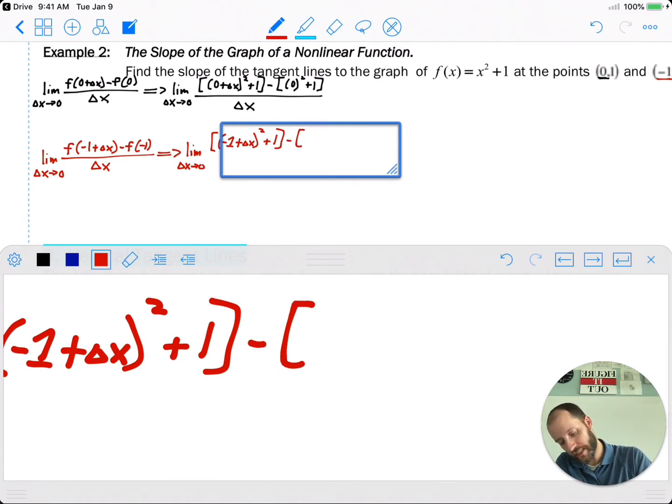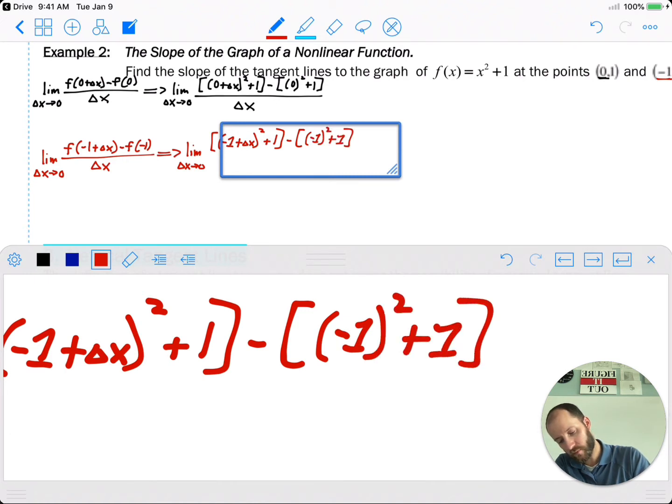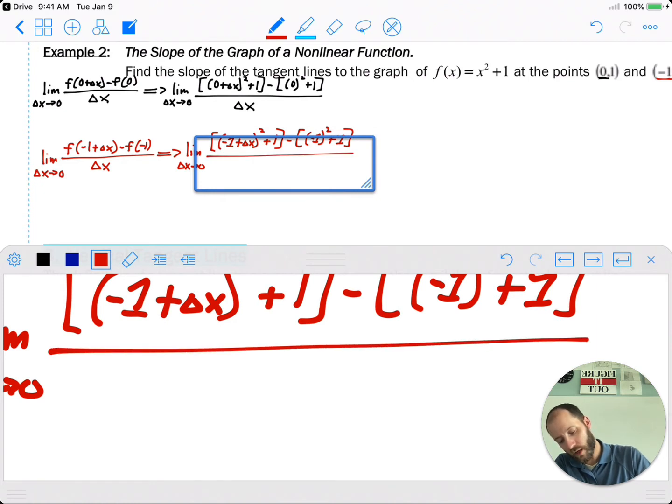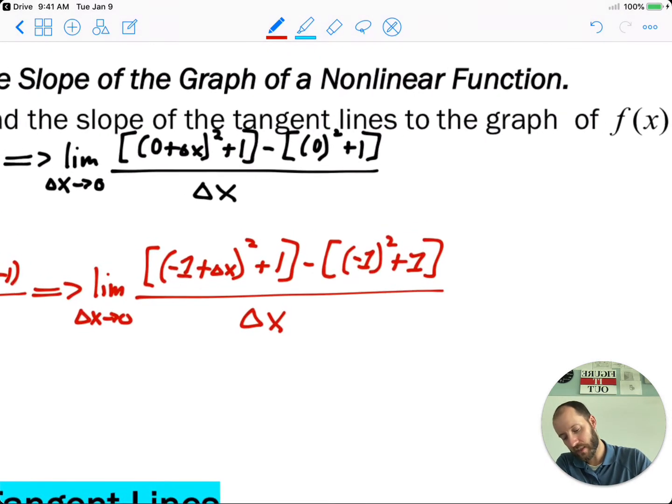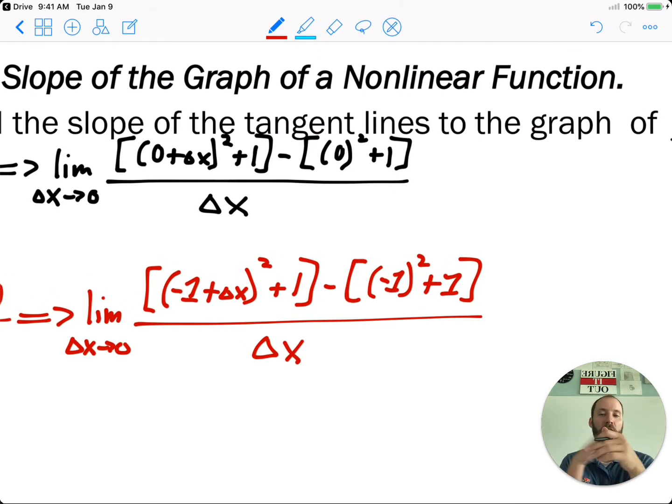Our second set, just negative 1 squared plus 1. All over delta x. So again, you see the same steps, just expanding it out. But in the first problem, our x value is 0. In our second problem in red, the x value is negative 1.